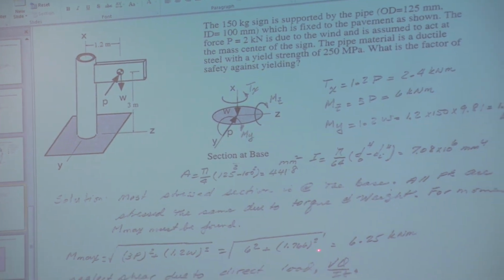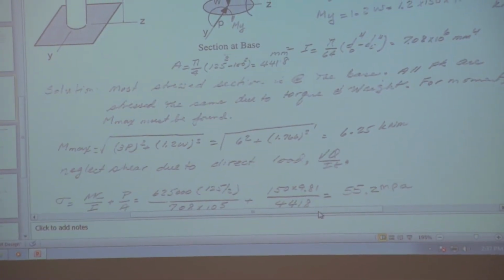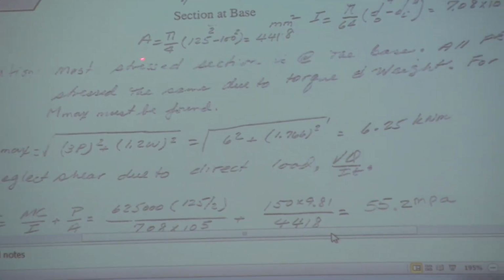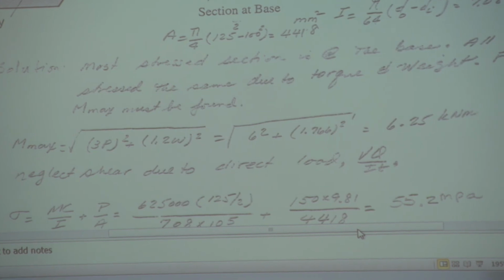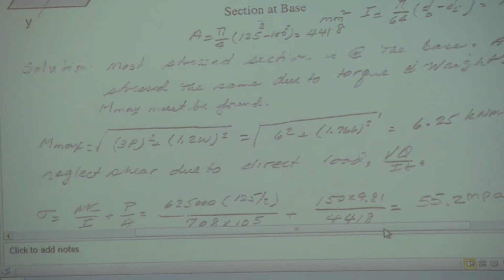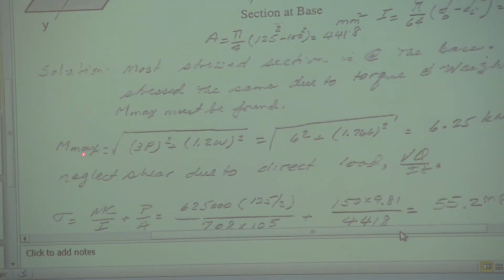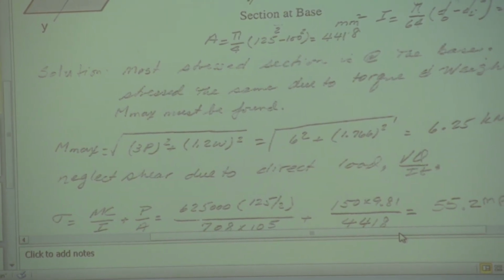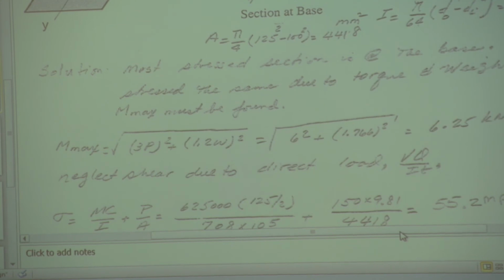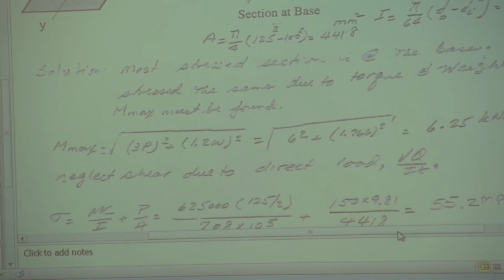Square root of sum of the squares, 6.25 newton meters. There's the cross-sectional area, A, and the moment of inertia, I. So at the end, you have a moment and a torque. You use those to find the stresses.